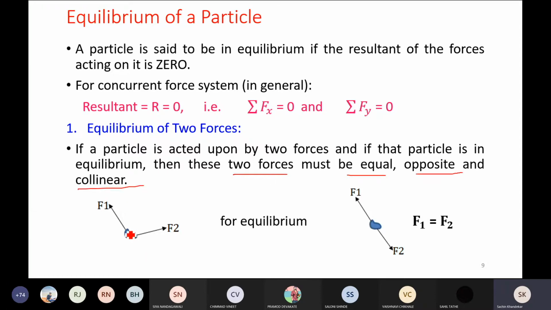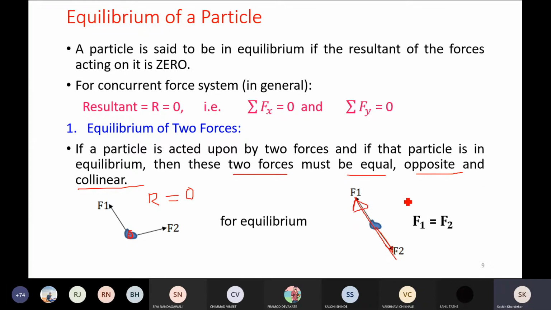Suppose this is a body acted upon by two forces F1 and F2, and the body is in equilibrium, meaning the resultant force is equal to 0. Then these two forces must be equal, opposite, and collinear. Collinear means having the same line of action and acting in opposite directions.